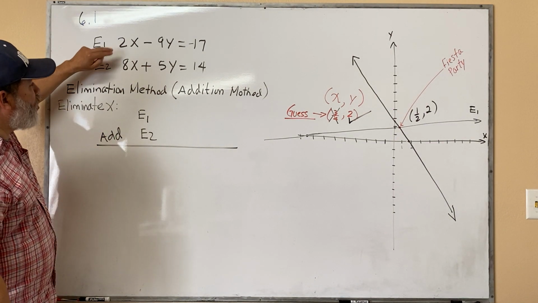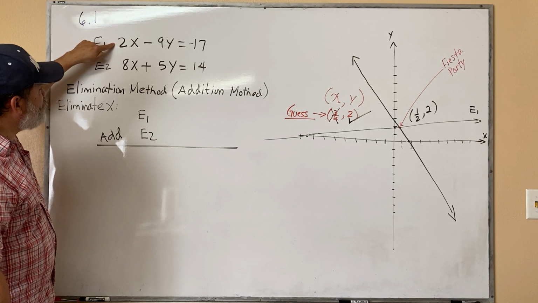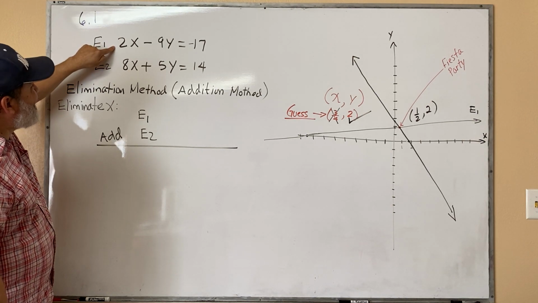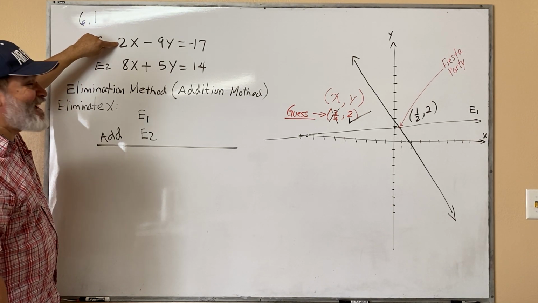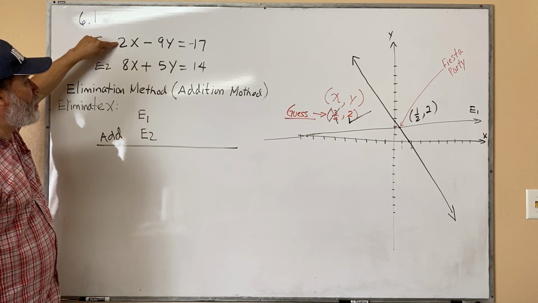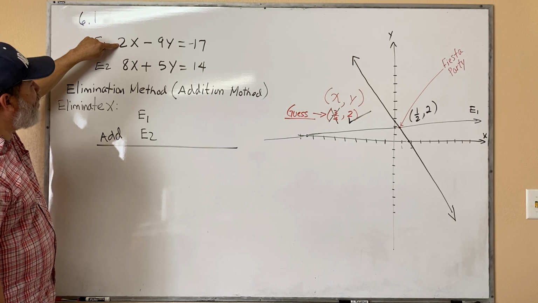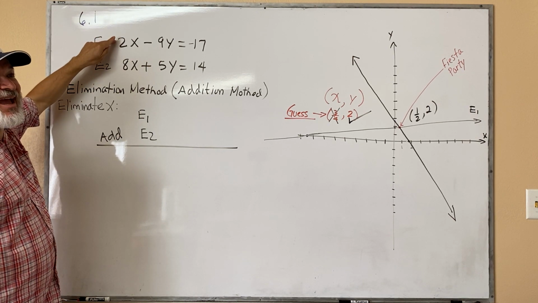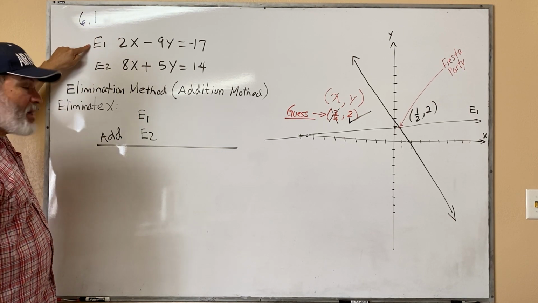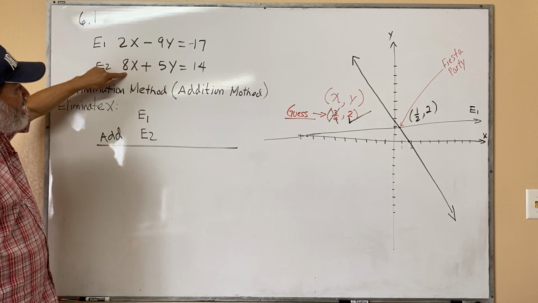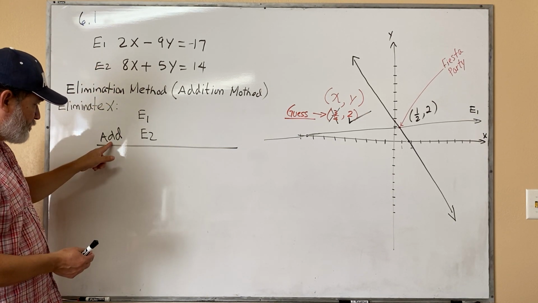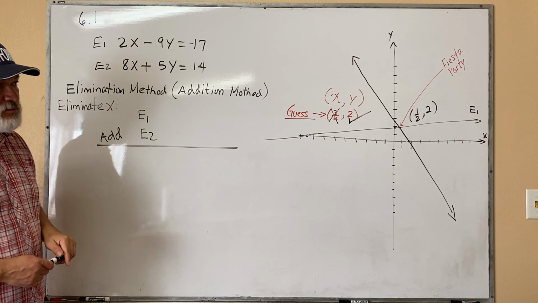The only way I can get these two terms to cancel each other is if I multiply this by -4. If I multiply this by -4, that's going to give me a -8x in equation 1. And this is 8x, so when I add them up, they'll cancel each other.